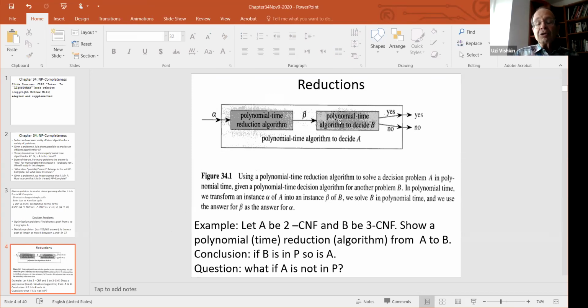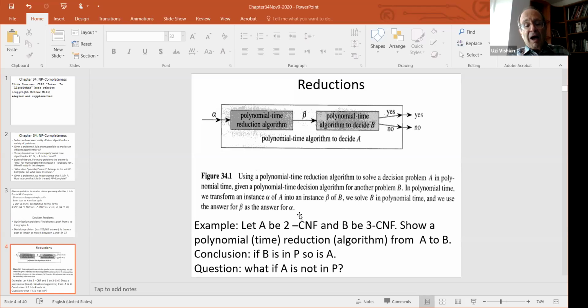But you gave a reduction to B. Now you have no idea how B will be, meaning does it have a polynomial time algorithm or not? What can you conclude from what I just told you?